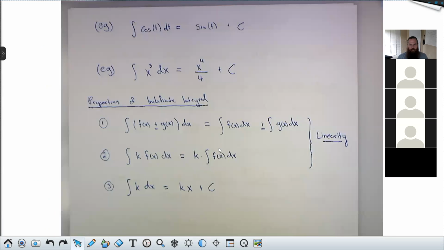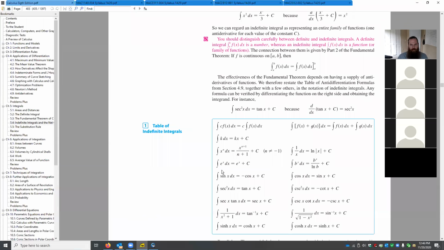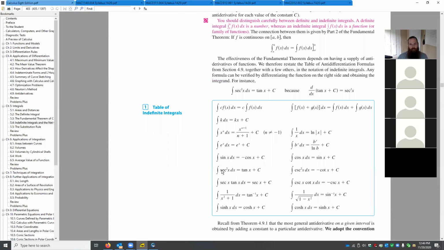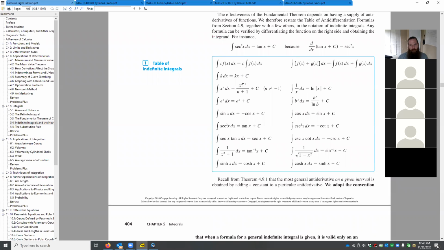And then you should look in the textbook. Look here on page 403. These things you guys need to know. These are all antiderivatives that we've learned in the past. The integral of a constant, or the antiderivative of a constant, is that constant times x. This is your power rule, right? If you want to integrate or find an antiderivative for a power, you add 1 to that power and then divide by that power.